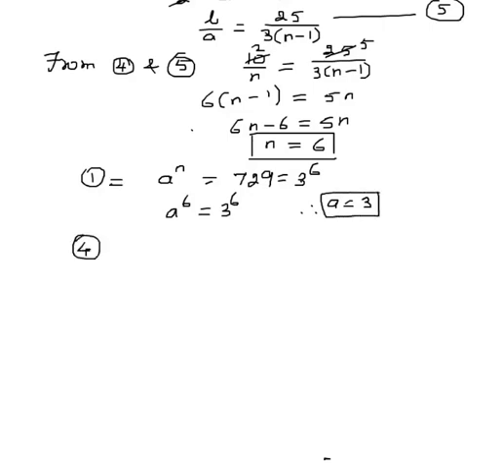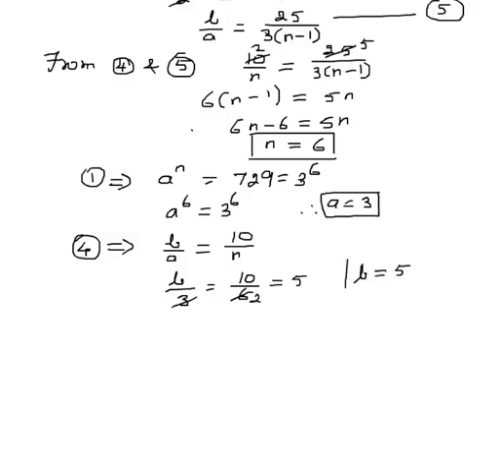From the fourth equation, b by a is equal to 10 over n. b divided by a is 3 and n is 6. Therefore, b is 5. We found the values of a, b and n.